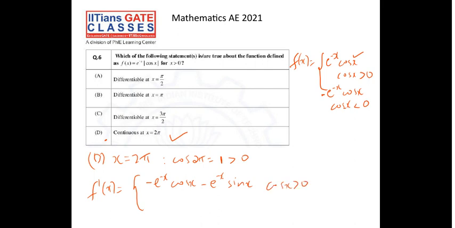This is for cos x greater than 0, and e raised to minus x cos x plus e raised to minus x sin x for cos x less than 0. I have gotten this by differentiating f of x. So now to evaluate the different options, we'll check the value of cos x at each of those points. So let me just move this to a new slide.